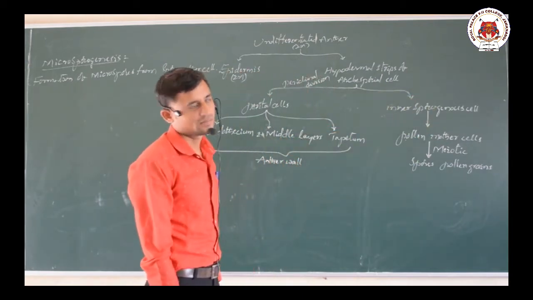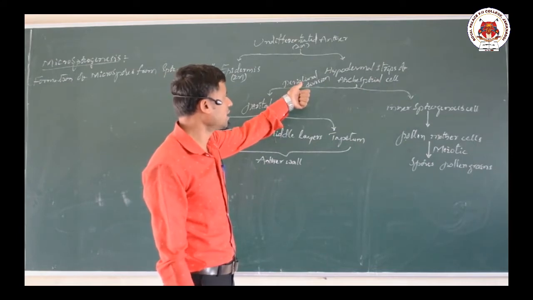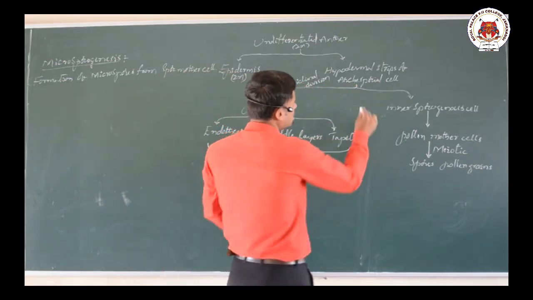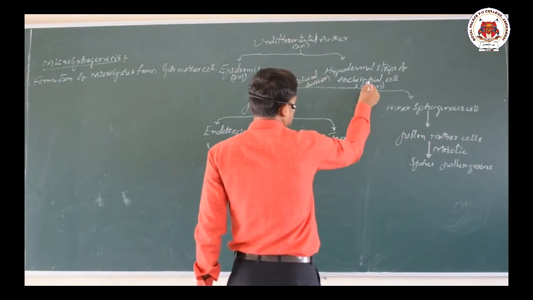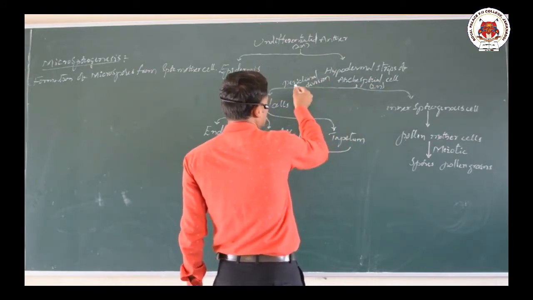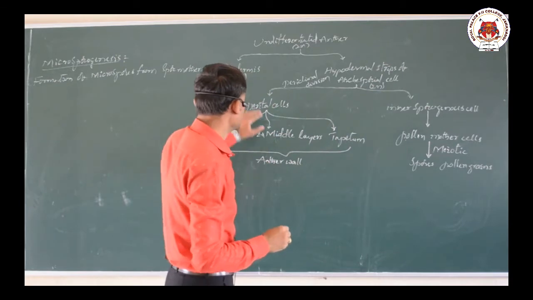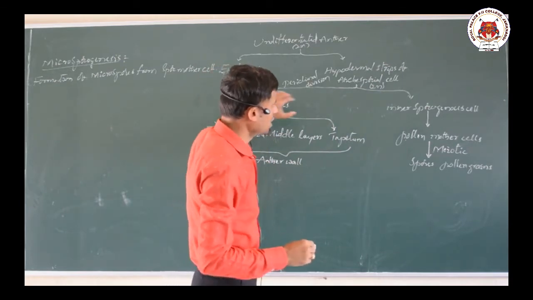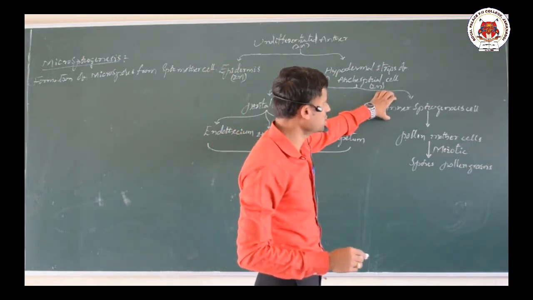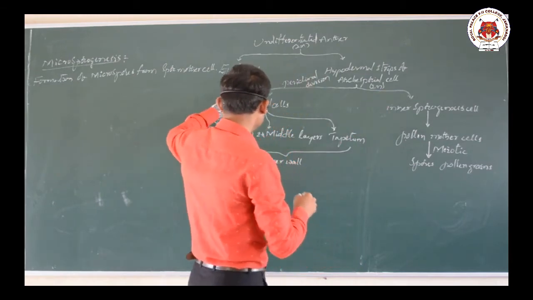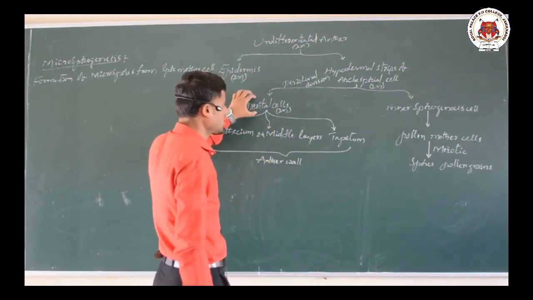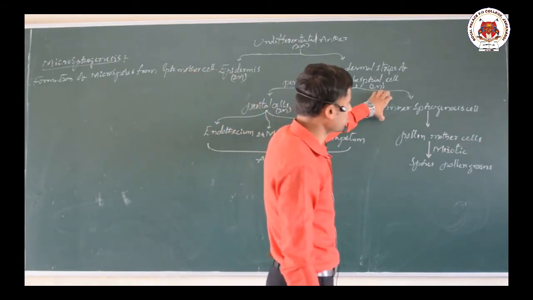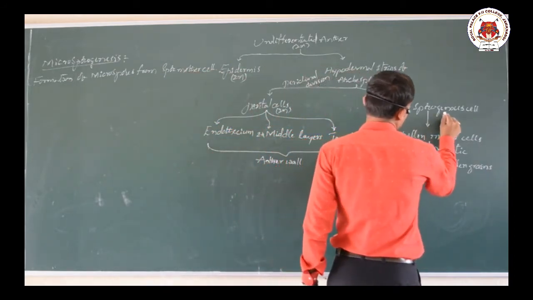These archesporial cells are also in a diploid condition, and the parietal cells and inner sporogenous cells formed from them are diploid.